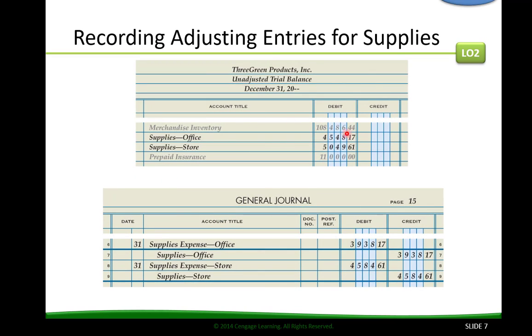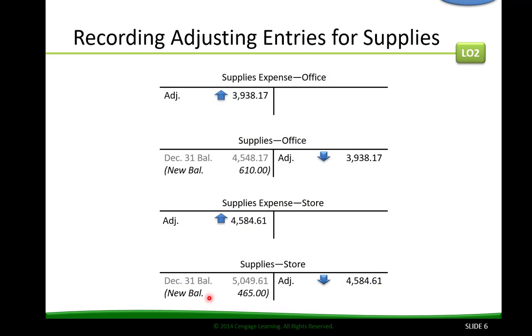We found those numbers, our starting amounts on December 31st, off of our unadjusted total. That's from your trial balance, just recording what's in the general ledger account. What we need to do is subtract and find the difference between the actual and what we started with.